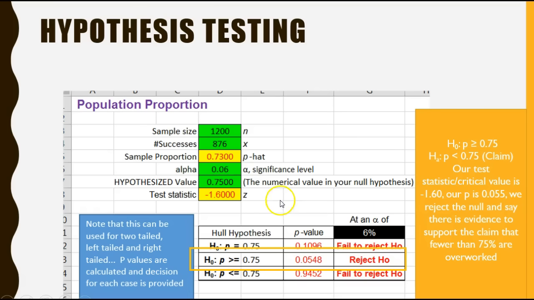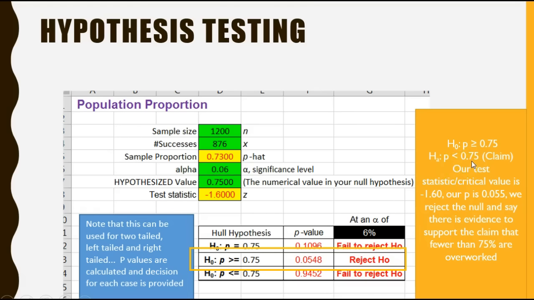So I go to my spreadsheet. I put in 1200 for the sample size, 876 for the number of successes, 0.06 for alpha. The hypothesized value was 75%.